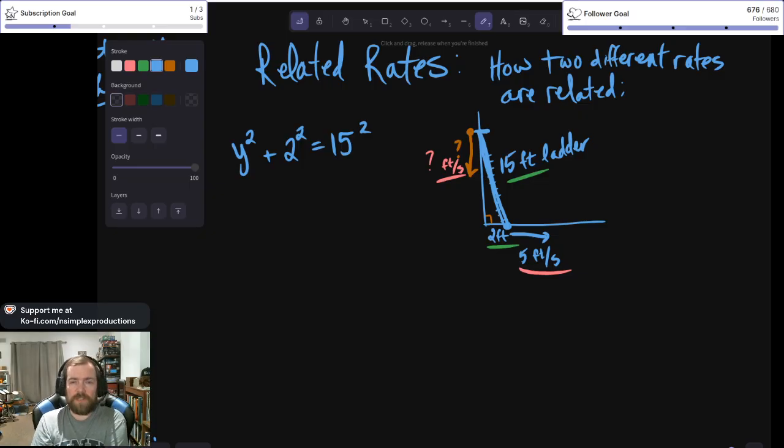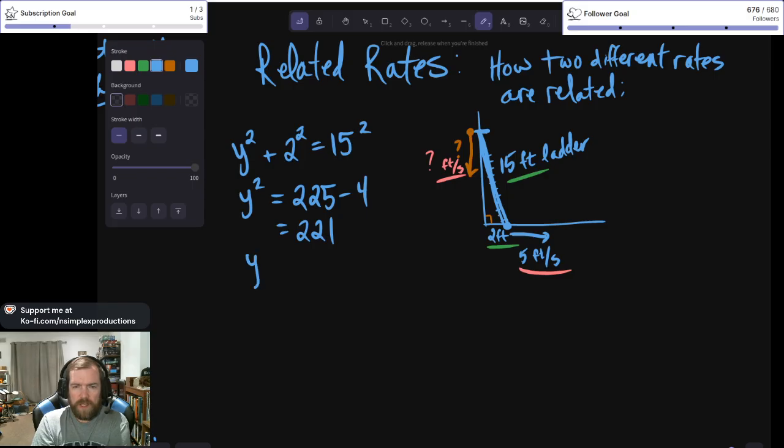So we know that that's true. Which means that y squared is going to be equal to 225 minus 4 is 221. And so y is going to be the square root of 221 feet. So just under 15. We knew it was going to be pretty close anyway, but nonetheless, right?